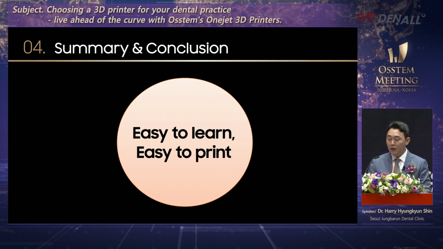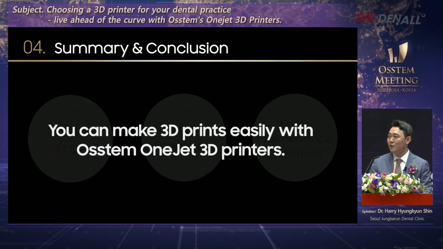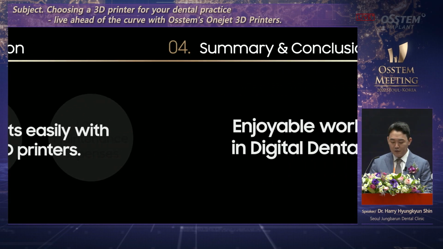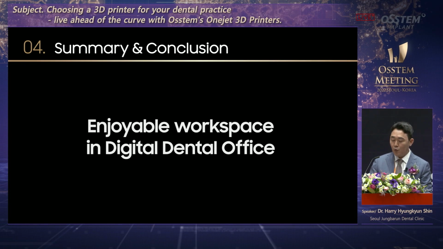If you use other companies' printers, you will realize this. I spent tens of millions of won, and based on my experience, a DLP type 3D printer is very good for dental clinics.